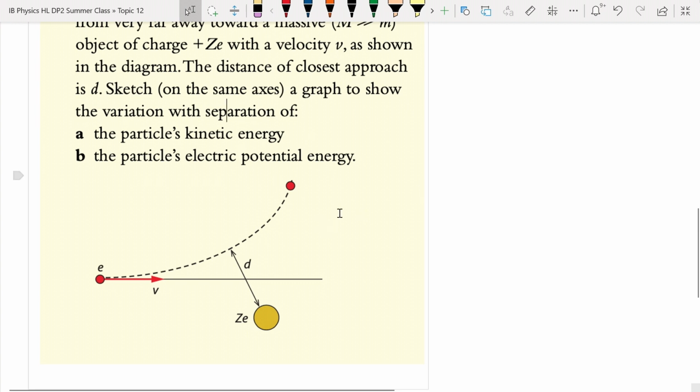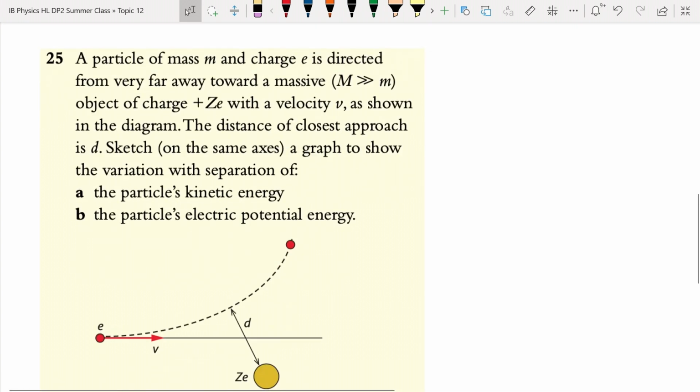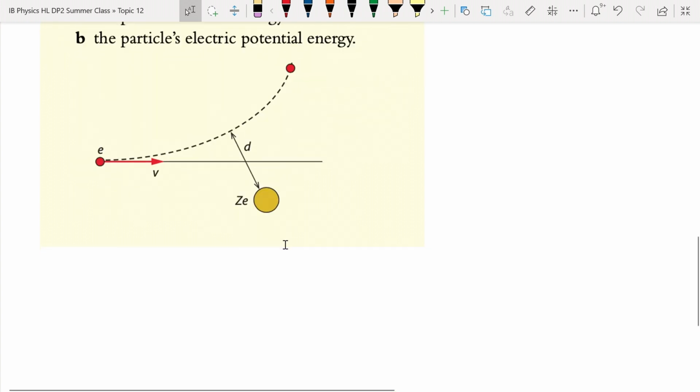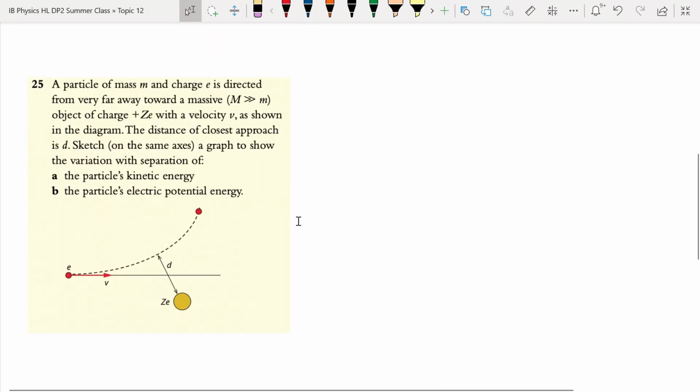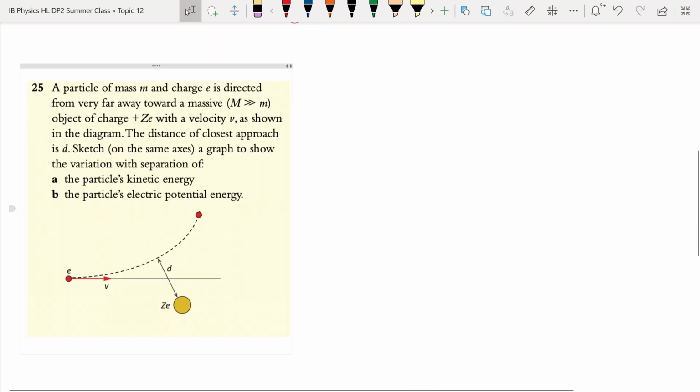When you draw this graph, you only have this distance d on one axis and all the energies on the other axis. Let me show you what this would look like. Let me zoom out from here, so I have enough space to show you.